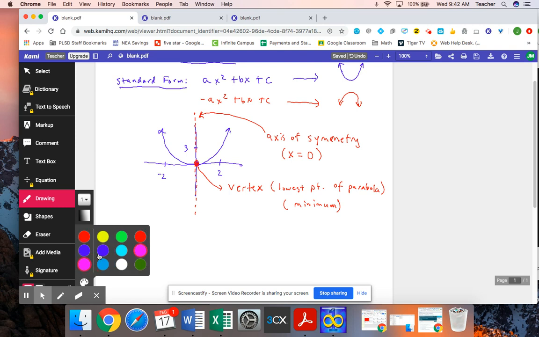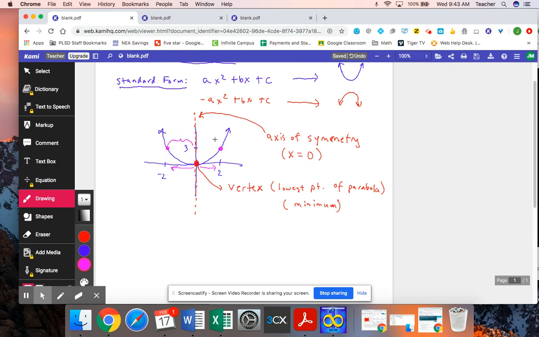And why is that important? Because if it's the axis of symmetry, symmetry means it's the same on one side as it is on the other. So if I go 2 units this way from my vertex, I end up with a point right here, an f of x, or a function value of 3. Because it's symmetric, if I go 2 units this way, I should also have that same value. So it's symmetric here.